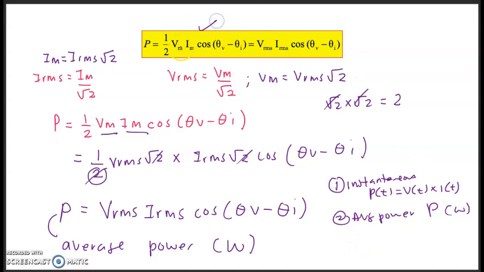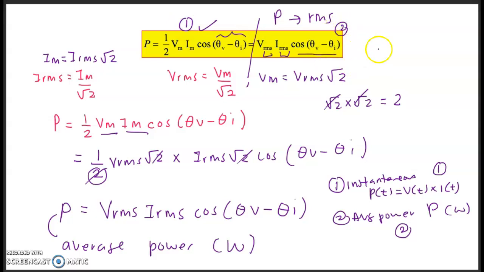Half Vm Im cosine theta V minus theta I. And the third one, how you measure your average power in terms of RMS: Vrms multiplied by Irms cosine theta V minus theta I. So this is the first formula. The second formula, where you divide by 2, is with Vm, and the other is with RMS.